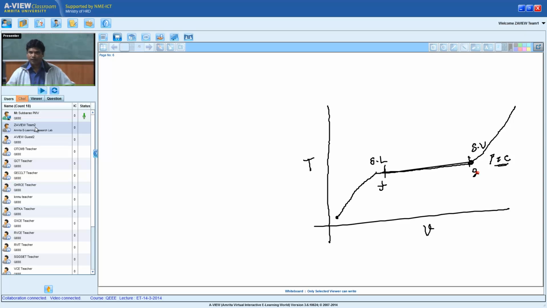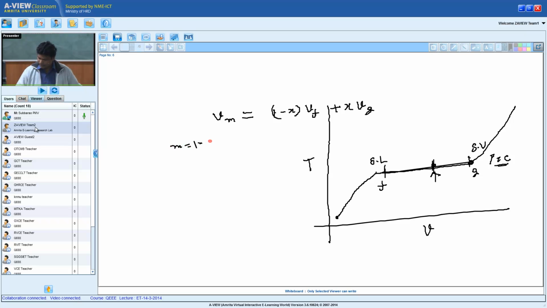Now suppose I have a point in between, a wet mixture. If I want to know how the volume of this one changes, this is the rule. The volume of a mixture is equal to (1 minus x) into volume of liquid plus x into volume of vapor. Suppose this is the specific volume, and let us say I have 10 kg.